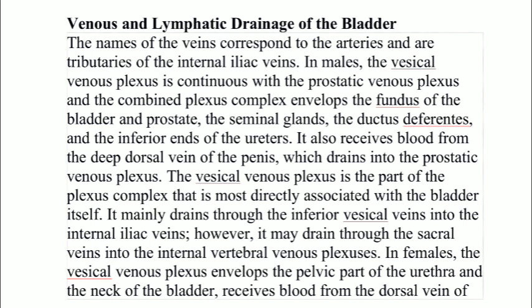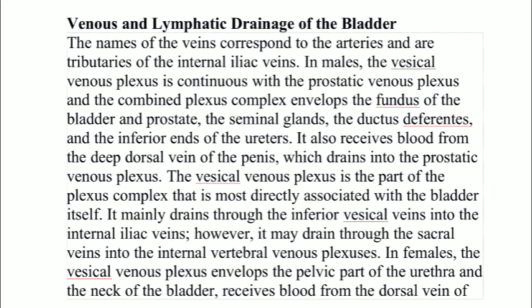This venous plexus also receives blood from the deep dorsal vein of the penis, which drains into the prostatic venous plexus. The vesical venous plexus is the part of the plexus complex that is most directly associated with the bladder itself.